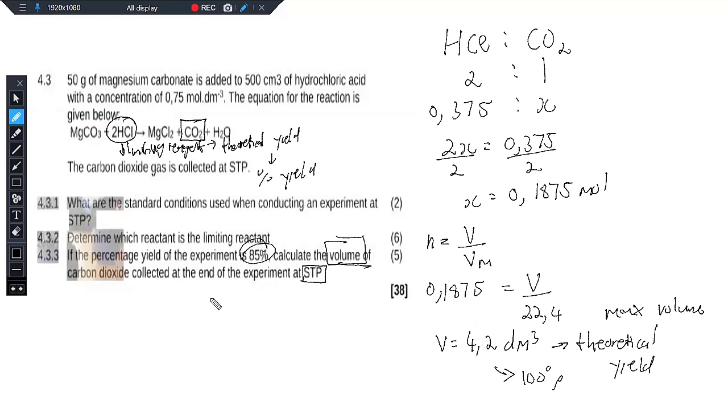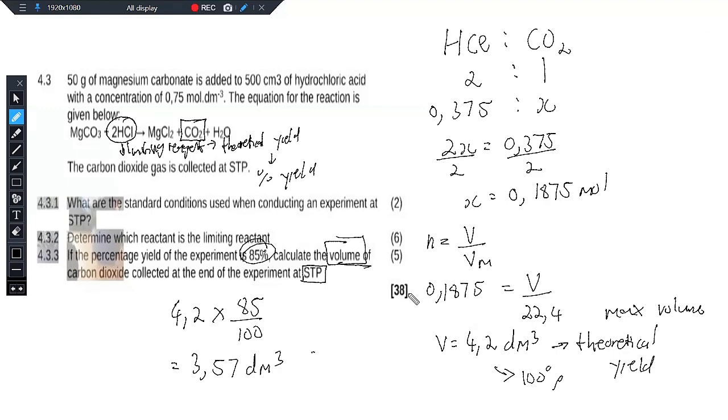So if we want to find 85%, we're just going to say 4.2 times 85 over 100. And then we find that the volume that was actually produced is 3.57 dm cube. So this here represents the 85%. And that's how you were supposed to go about answering that question.